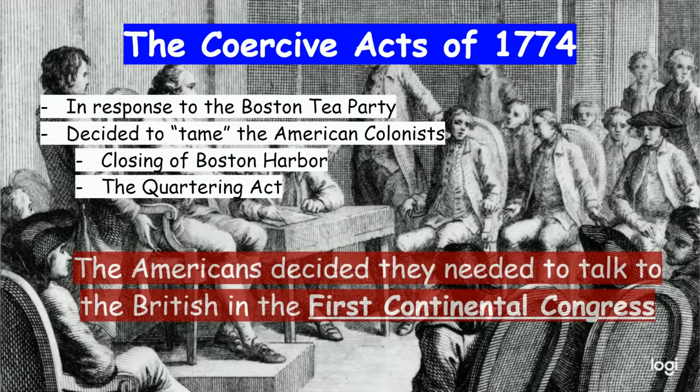Okay, so the Americans are like, well, this is a lot of stuff that they are making us do. So they decide that they need to have a conversation with Britain, and the way they're going to figure this out is in a Continental Congress, the first of two Continental Congresses.